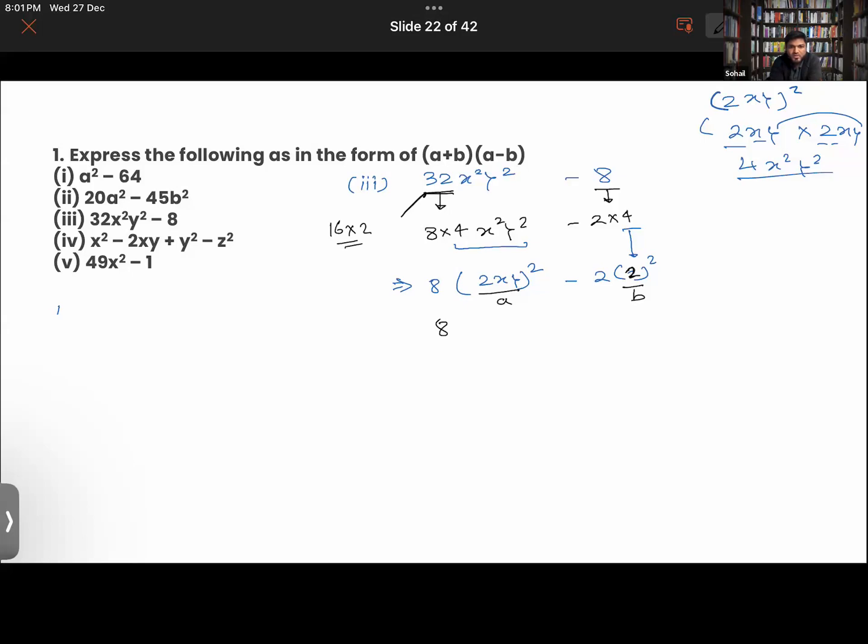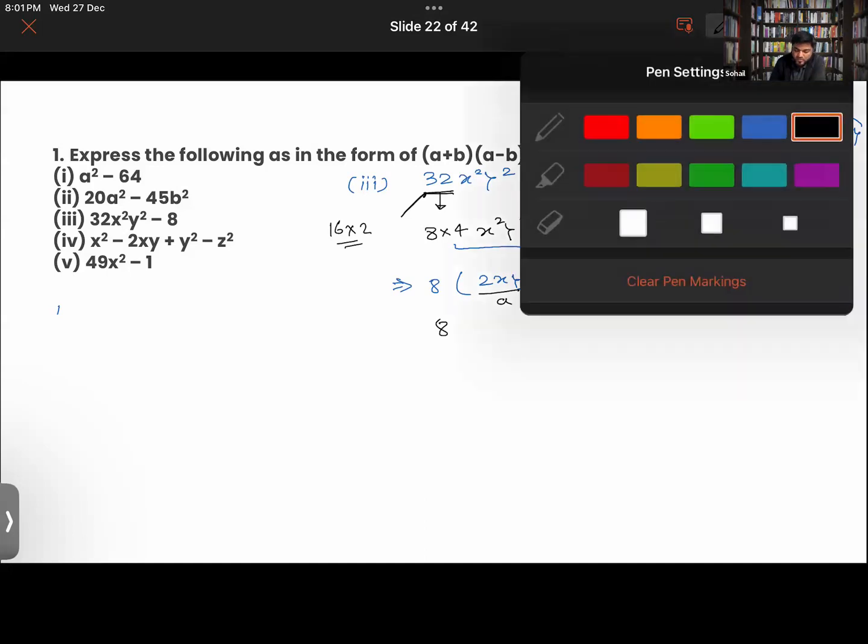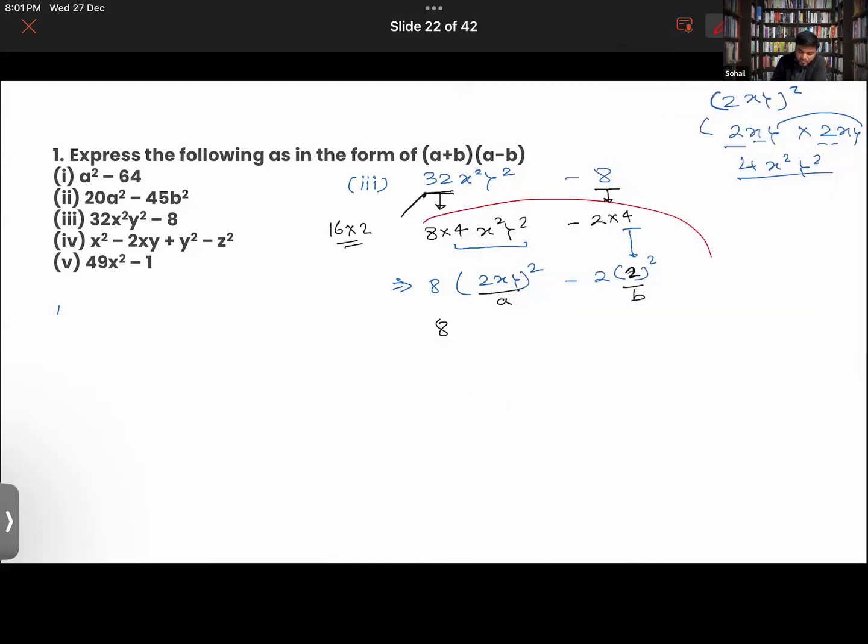So see if there's something we can do there. Let's try to do it in that manner. So 32 x square y square minus 8. If you write 32 as 2 times 16 x square y square minus, let's write it as 2 times 4.